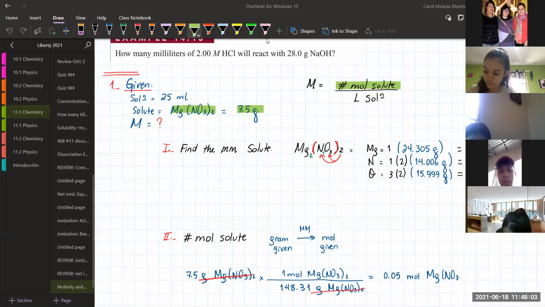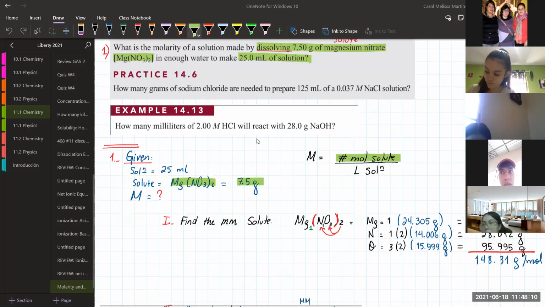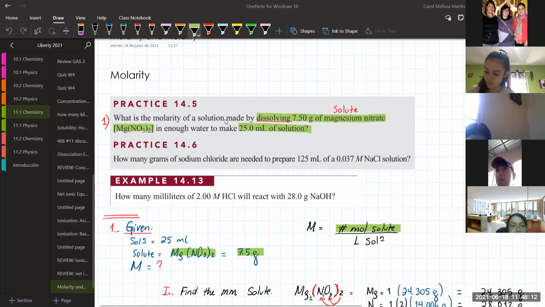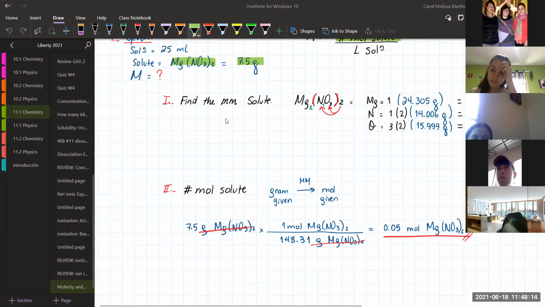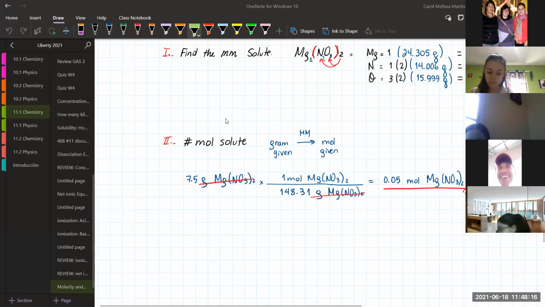Okay, that would be the first answer. But the problem is not asking us to find the number of moles. It says, what is the molarity? So in the third step, we're going to find the molarity of the solution.